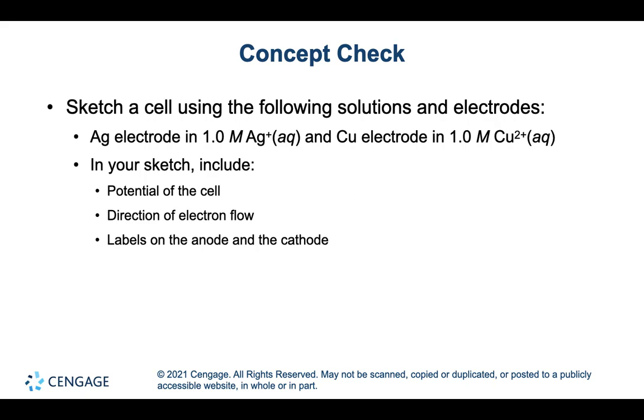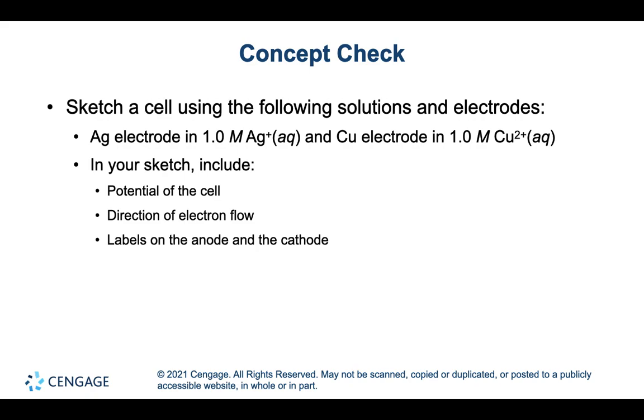One of our two half cells, remember, a galvanic cell always has a left and a right, is going to be a metal silver electrode with a 1 molar silver plus 1 ion in solution. The other one will be a copper metal electrode, which has 1 molar copper plus 2 ion in solution.